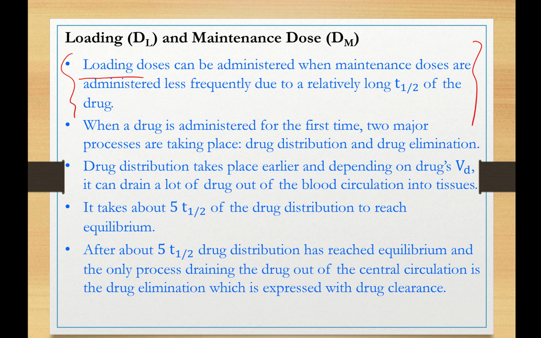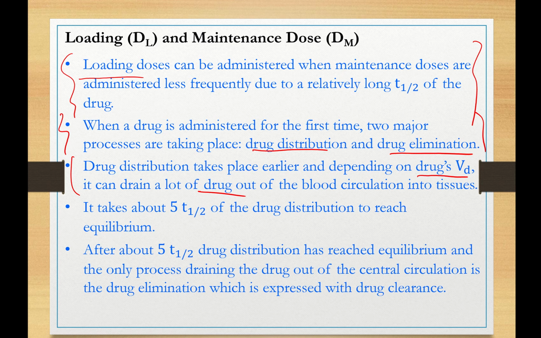When a drug is administered for the first time, two major processes are taking place. So this is very important: drug distribution and drug elimination, okay? Of course, drug distribution takes place much earlier and is much faster. And depending on the drug's Vd, it can drain a lot of drug out of the blood circulation into tissues.